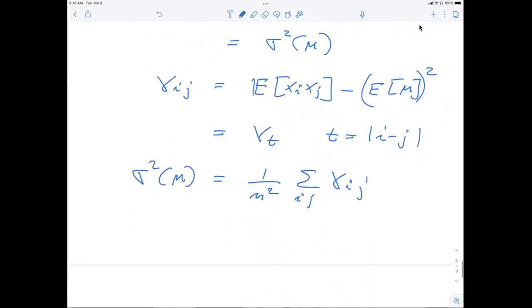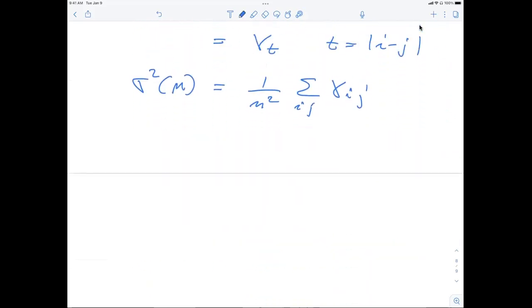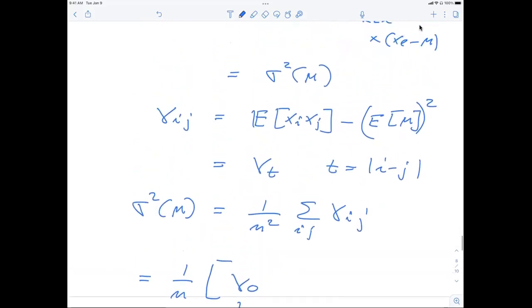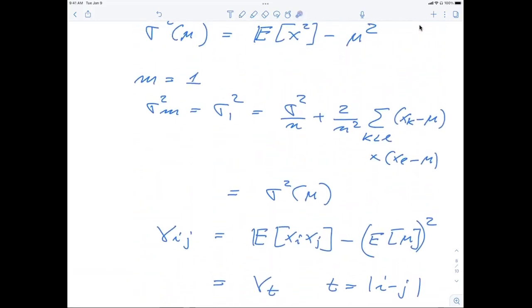So when you go into the article by Flyvbjerg and Petersen, this is nothing but just another way of rewriting what we defined in the previous lecture and in the beginning of this lecture. Then you can rewrite this in terms of 1 over n, and it contains a gamma 0. And this gamma 0 is the same as this quantity which we have up here. So note now that they use a definition with sigma squared of mu, and that's not the same as this sigma squared here.